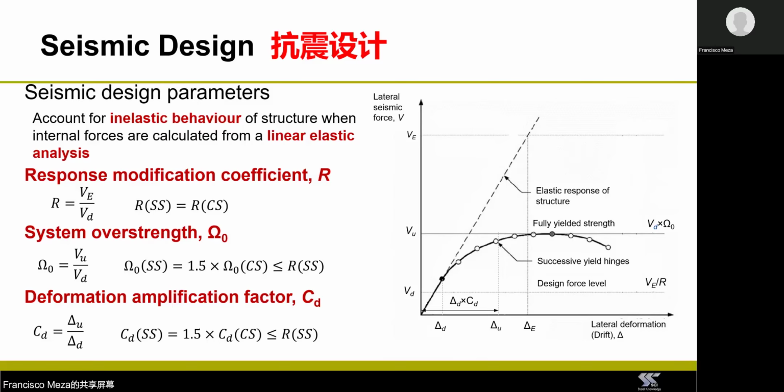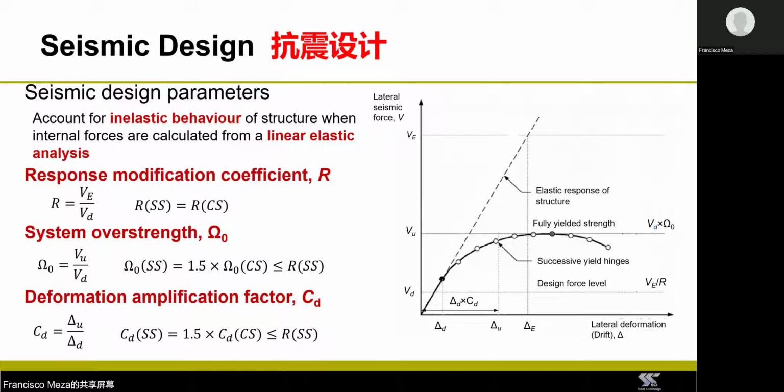Now, even though the overall strength of the system can be expected to be greater for a stainless steel structure because of the material overstrength, the strength hardening, and the cyclic hardening, our recommendation is to take the R factor to be the same as for carbon steel structures. So this is a conservative recommendation.